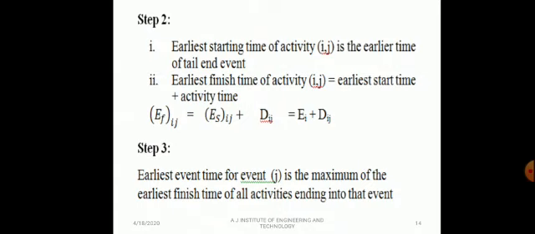The earliest finish time of activity IJ is the earliest start time plus the activity time: ESIJ plus DIJ, which is EI plus DIJ.